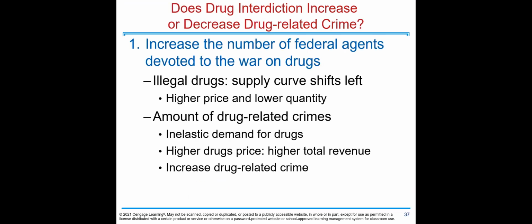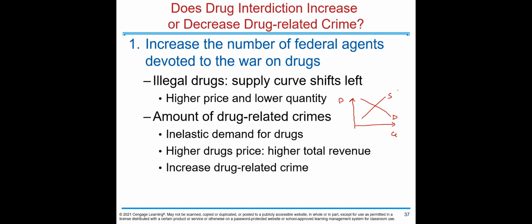So let's do this case study. Does drug interdiction increase or decrease drug-related crime? The first policy that we can follow is to increase the number of federal agents devoted to the war on drugs. If that happens, what is going to happen? There will be fewer people selling drugs. Okay, let's say there is a demand and supply. This is supply for drugs in the streets, and there is demand and there is price and quantity.